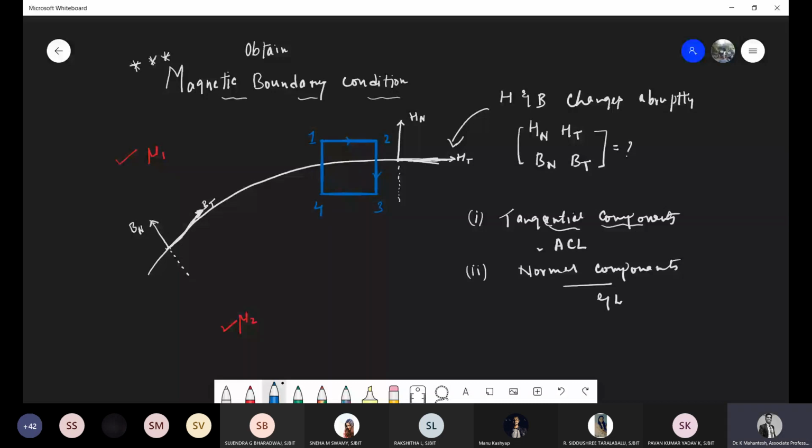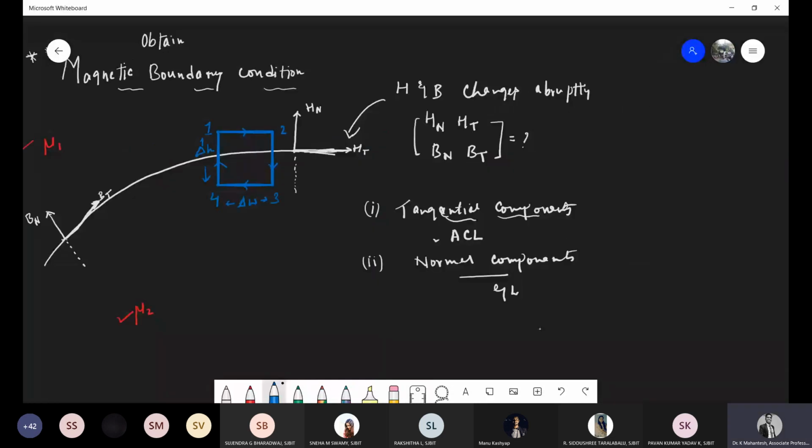This rectangular path is of width delta W and height delta H. Is that okay? Yes, sir.